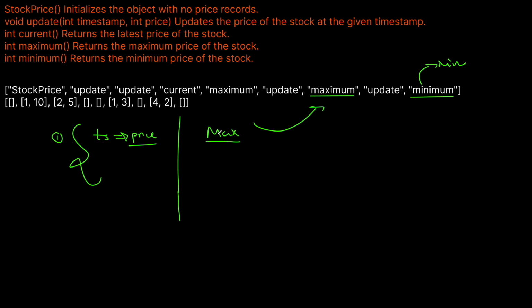So we need to get rid of that old price and basically rejig our max heap and our min heap such that the new top is now the actual maximum. So that's what we want to do.